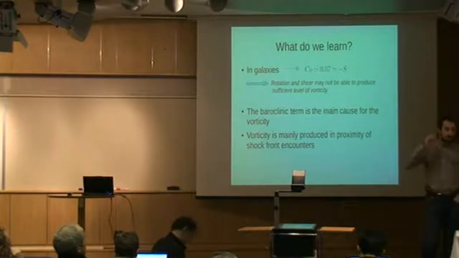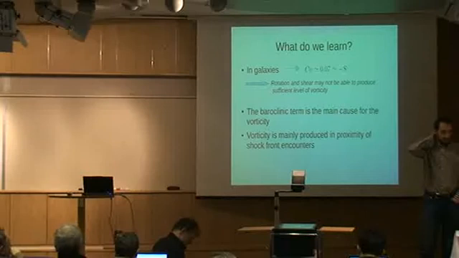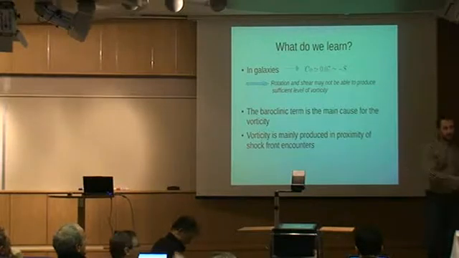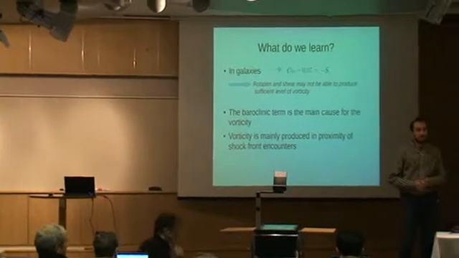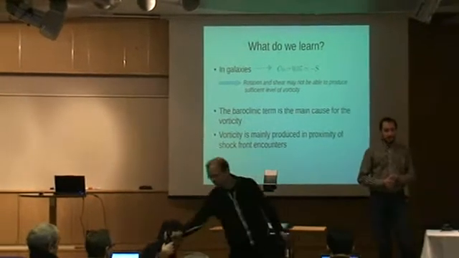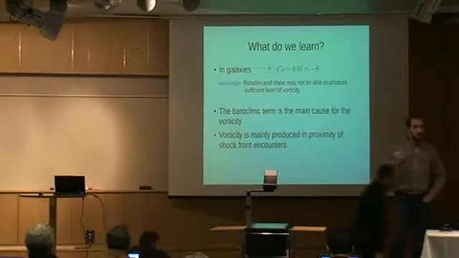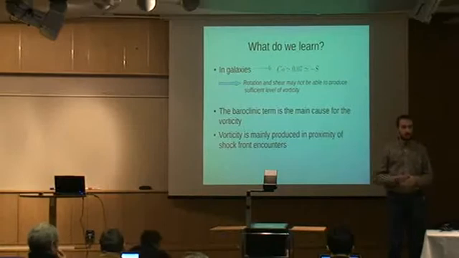Regarding shock fronts, the problem is rather subtle because, of course, when you simulate, speaking about numerical simulations, when you simulate shock fronts, you need to in some way resolve the shock. So if we don't resolve the shock, we don't add any subgrid model or something like that, we are not able to quantify.